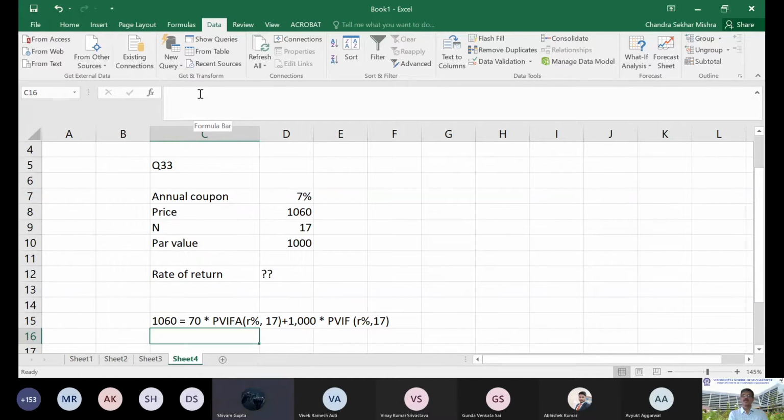I'll see how many hands are coming up. 6.41%. In solver you got, Shivam? 6.41. How did you get it? In Excel. Excel, very good. So in Excel you did the goal seek or something else? Goal seek.